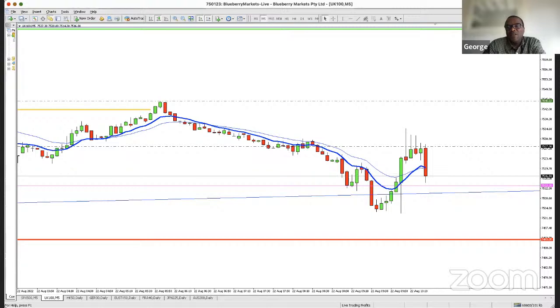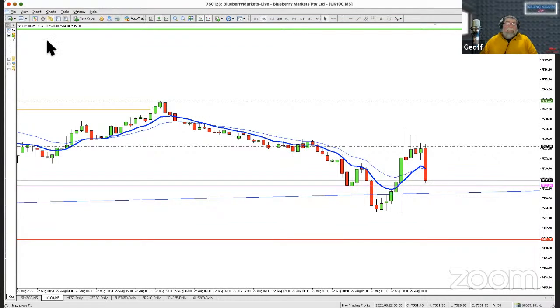If the bears are going to control the market, then they're going to defend the earlier high of today, the high of the Asian session. But they need to smash through here. I'm not going to sell anything coming down here. I would love to see a strong break beneath here and then a pullback to test that.